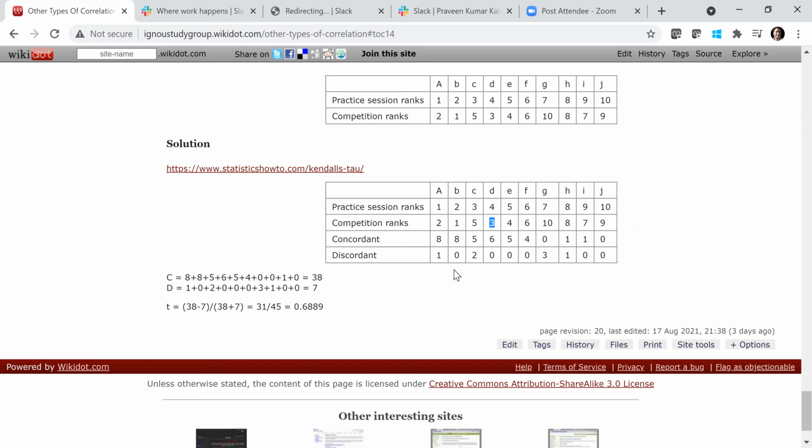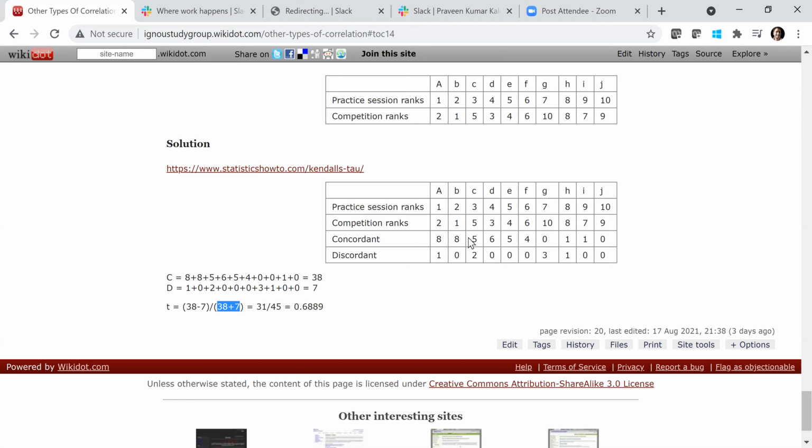So now after this, once you put concordant and discordant, it is pretty straightforward and simple. You add up all these concordants, which you call C. And you add up all these discordants, which you call D. And the formula is C minus D divided by C plus D. What is C?